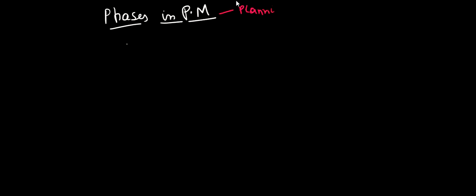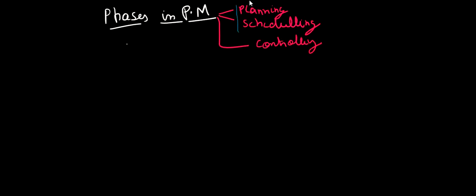Now let's talk about the different phases of project management. Generally there are three phases. The first one is planning, the second one is scheduling, and the third one is controlling.